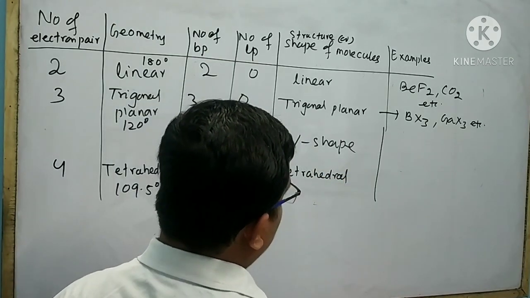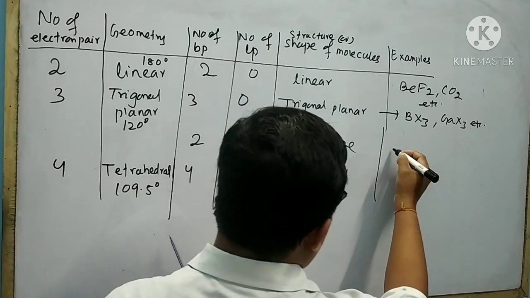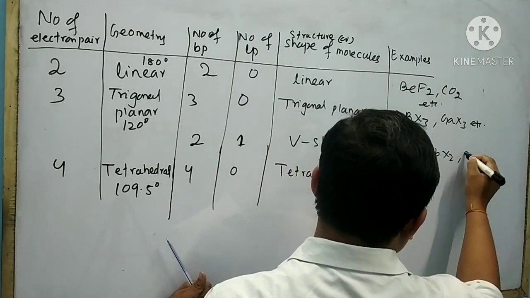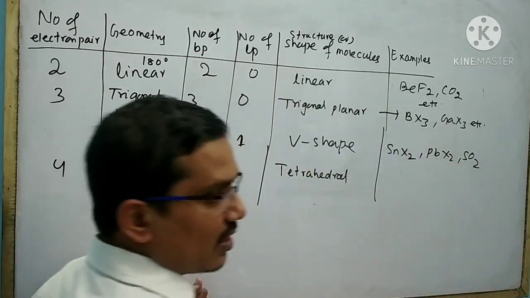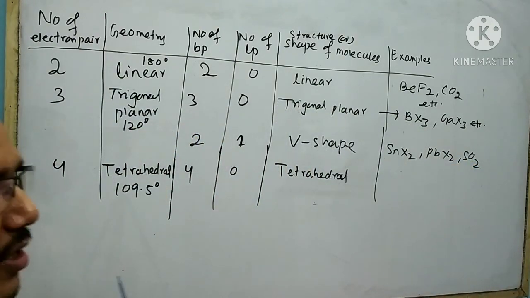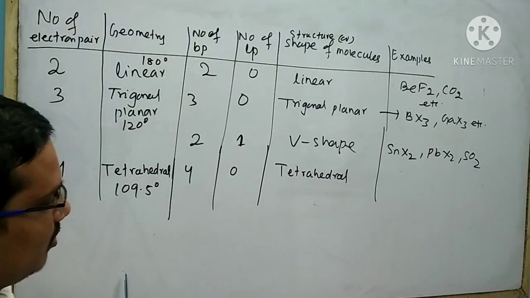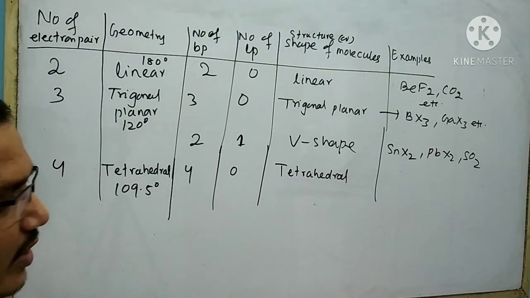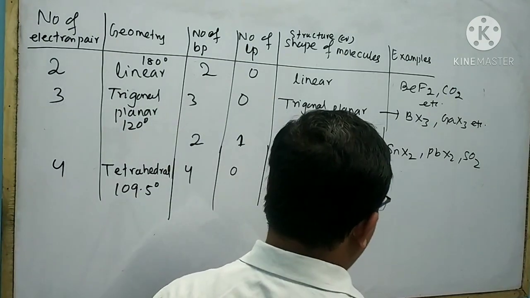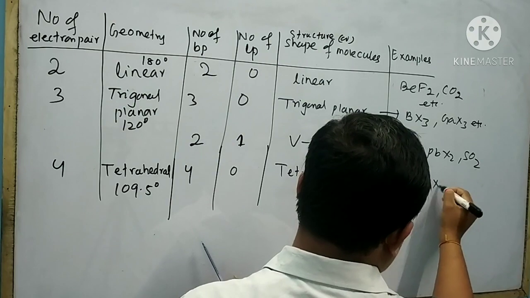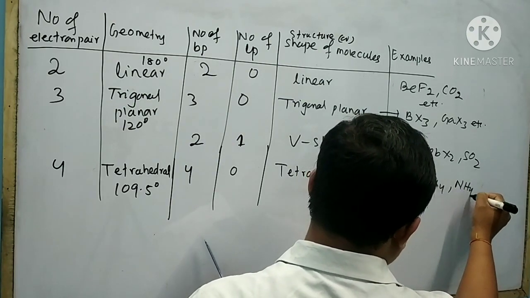The examples of molecules having V shape are SnH2, PbH2, SO2. Your X means halogen element, that is fluorine, chlorine, bromine, iodine. The examples of molecules having tetrahedral shape are CH4, NH4 plus, etc.